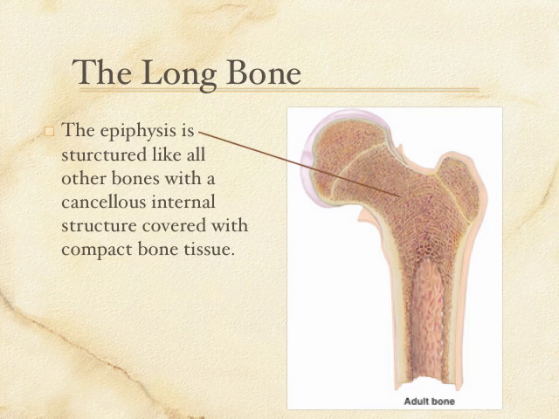They have a cancellous support structure internally and a compact veneer over the outside surface. Okay? Epiphysis is structured like all other types of bone.